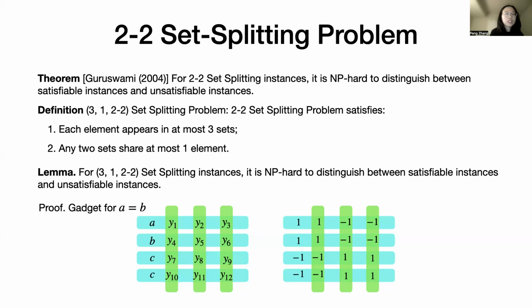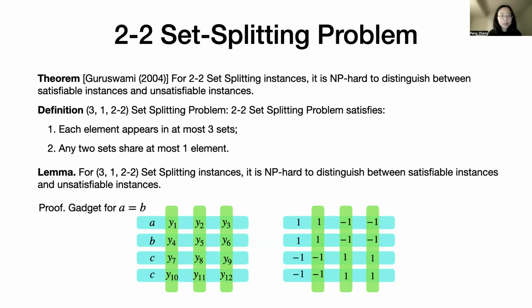And next, we claim that for any assignment that satisfies all these 7 sets, we must have that A equals B. We first look at all these 3 green sets.